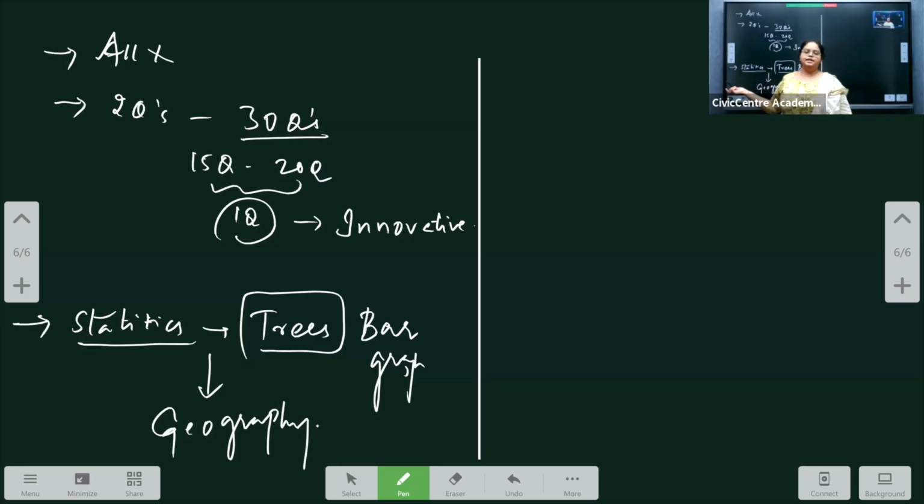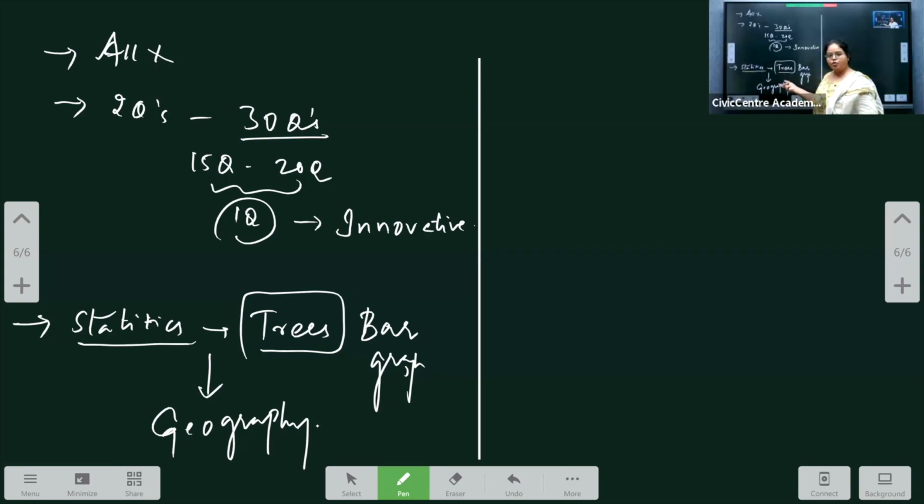Statistics is usually seen either in CSAT or in economy. But if you are asking a pie chart representation of the trees that are available in a particular region, and you are asking what biome the pie chart refers to, then the question becomes innovative.